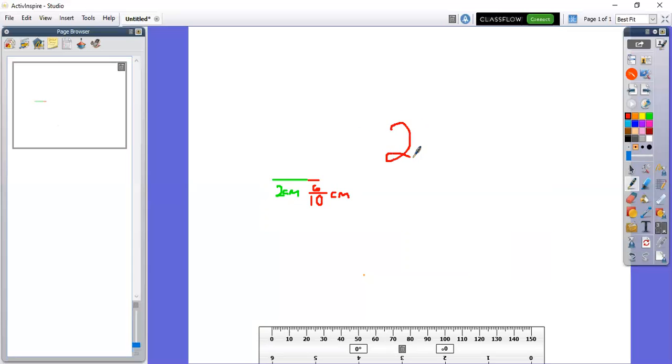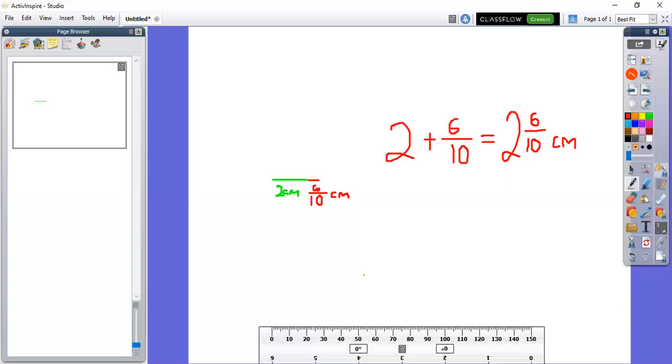We have 2 whole centimeters plus 6/10 of a centimeter. To write this as a mixed number, it's 2 and 6/10 centimeters. Can't forget our label. The labels are important in this module.